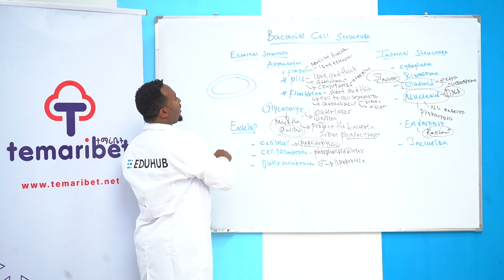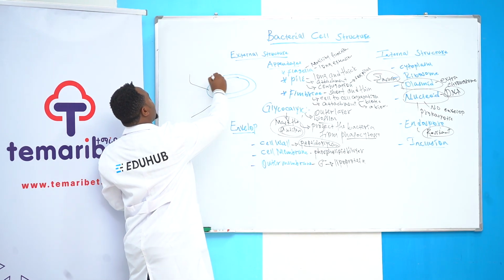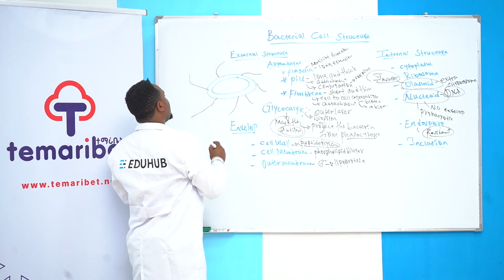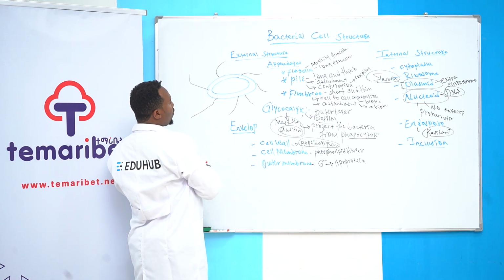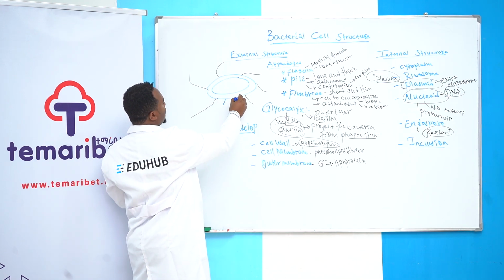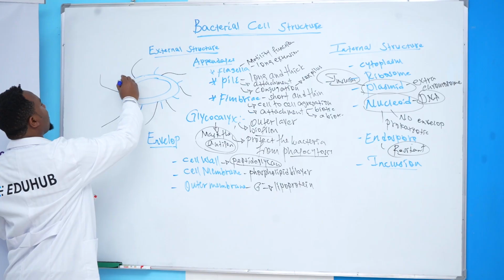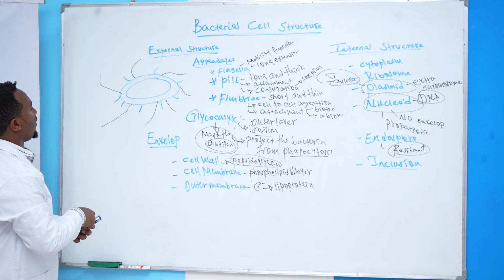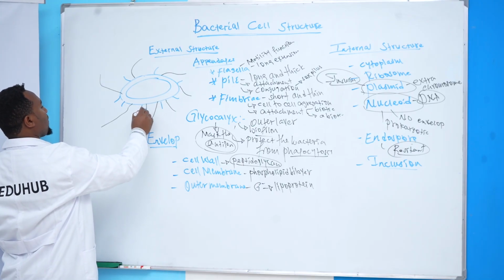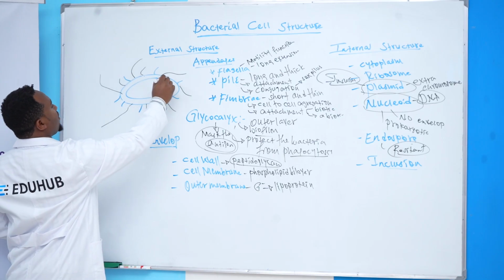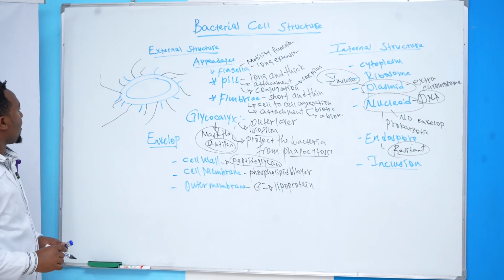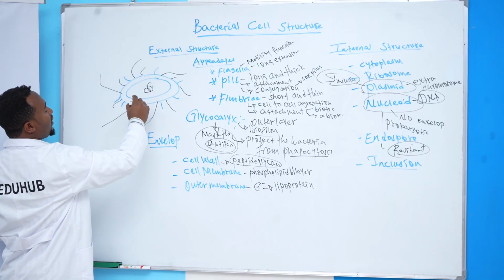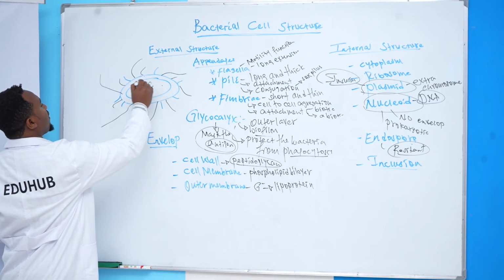We call those the appendages. Flagella are long structures used for motility, and there are also very short, thin structures, the fimbriae, used for attachment. And there are other structures like the pili, which are longer, though not as long as the flagella. Inside the center of the internal structure, there are the genetic materials, the nucleoid, and there are ribosomes.